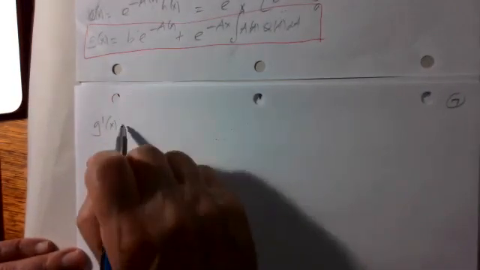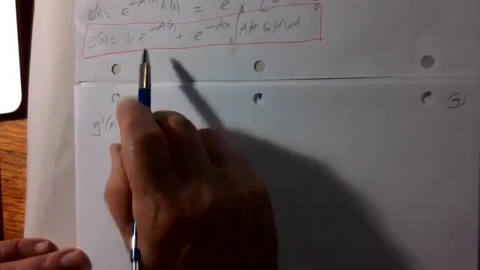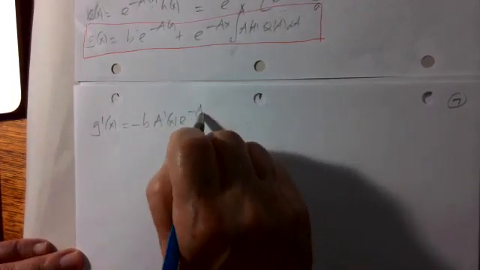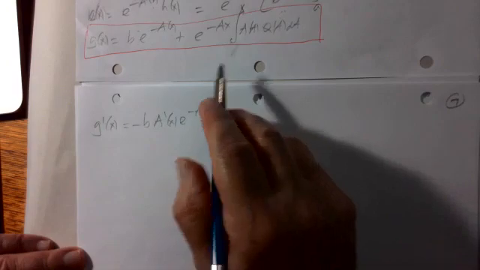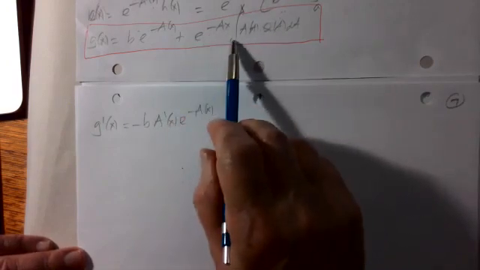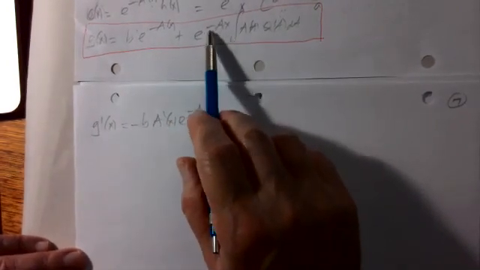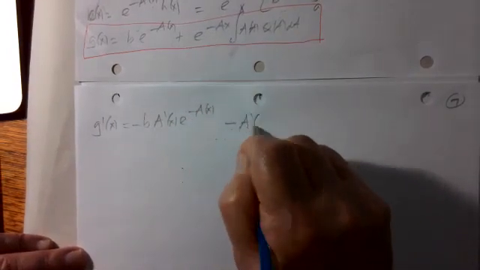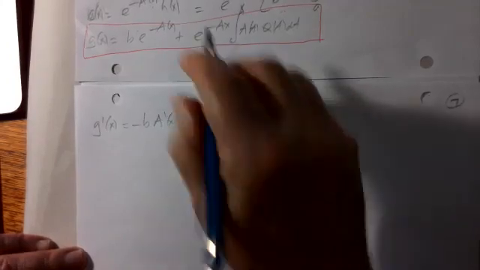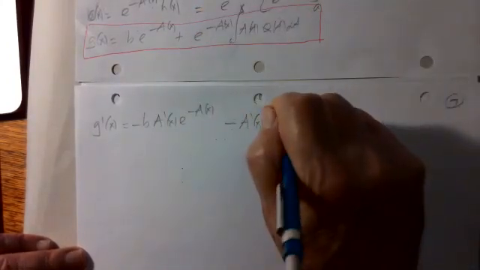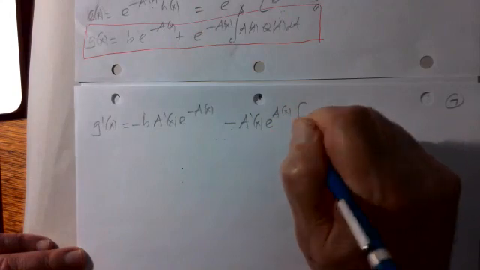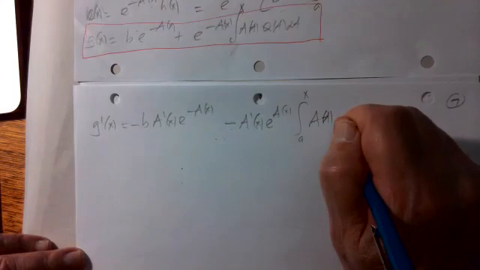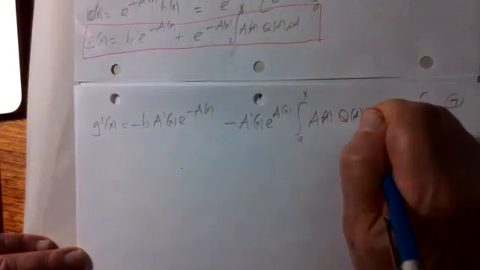When I differentiate, I get b times minus a prime of x, e to the minus a of x, plus, when I differentiate this by the product rule, it's the derivative of e to the minus a of x, which is another minus a prime of x, e to the minus a of x, times the integral from a to x, e to the a of t, q of t dt.